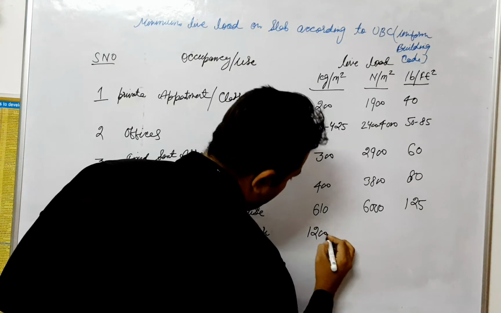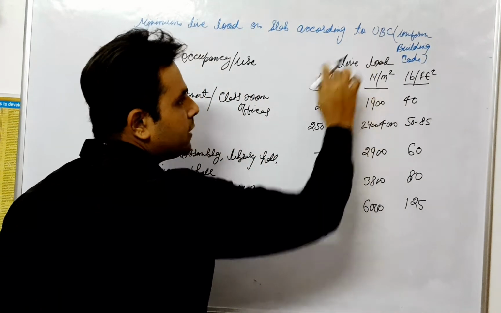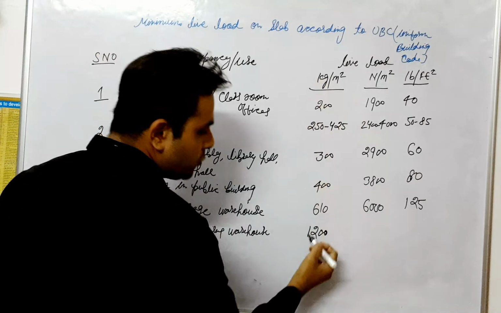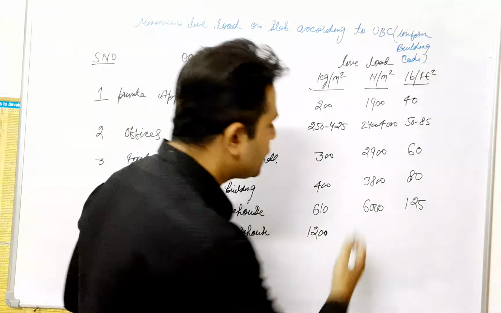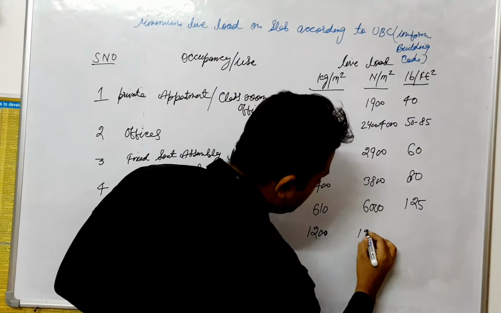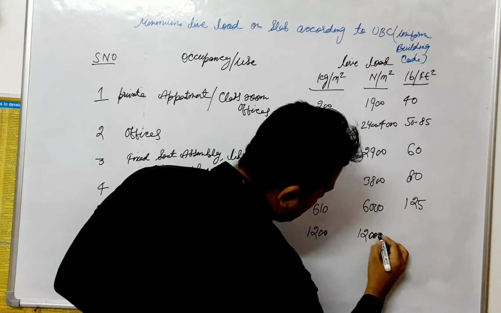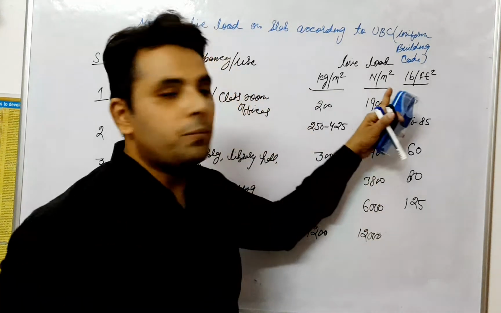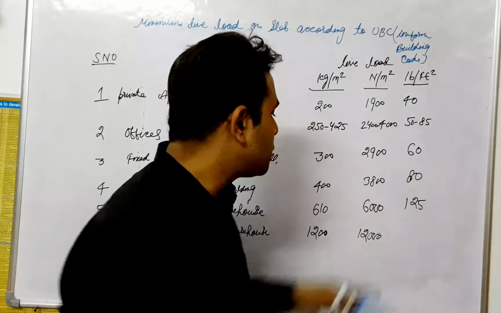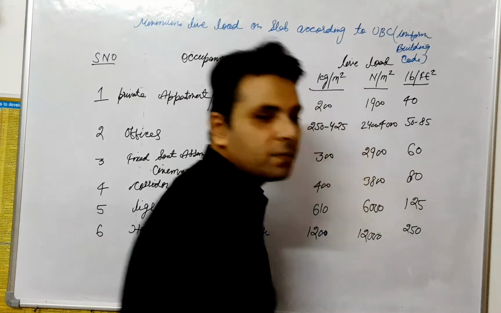Suppose you are going to take live load in kilogram per meter square, then you have to take 1200. Clear? Or in the case of Newton, then you have to take 12,000. And in the case of pound per square feet, then you have to take 250. Clear?